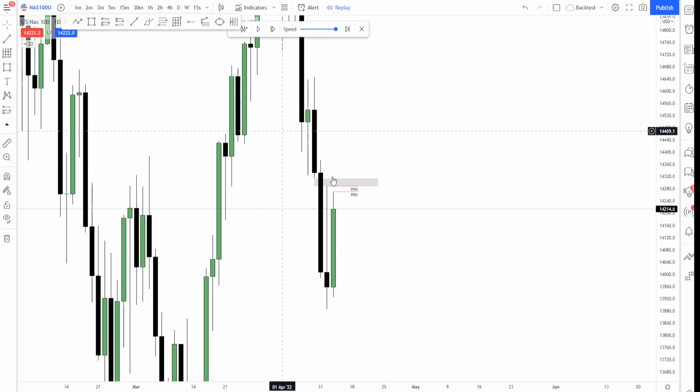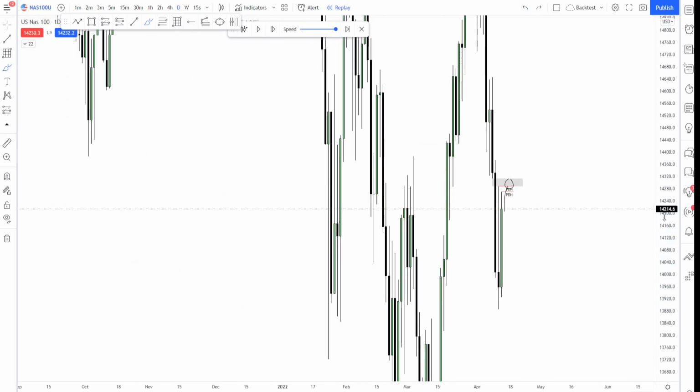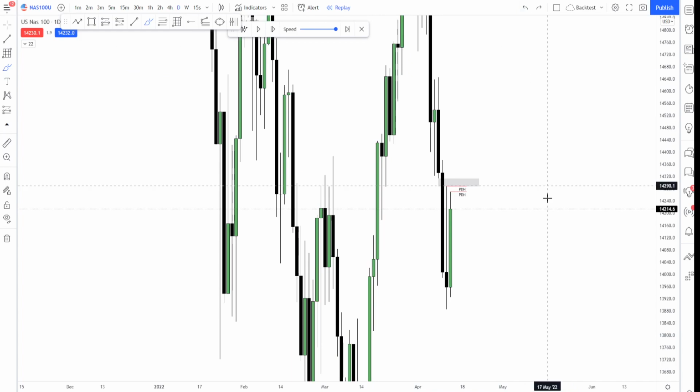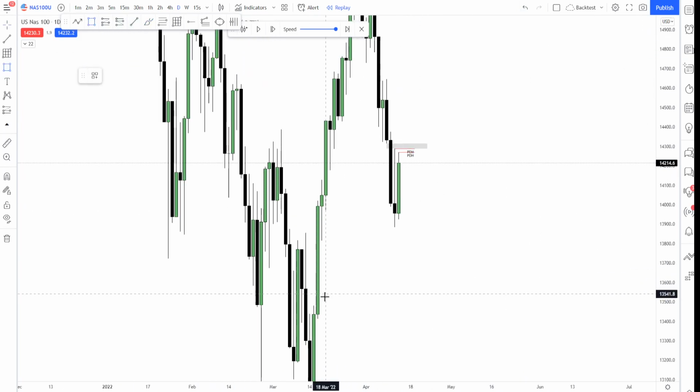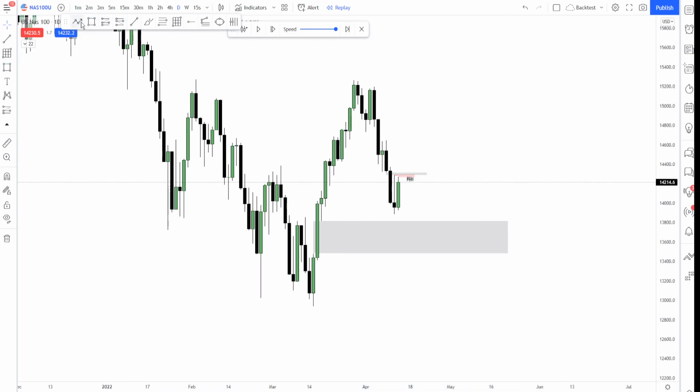Okay, and now I want price to come up into this fair value gap and then continue down into this fair value gap down here. So I want price to come into this fair value gap for us to get a buy entry.